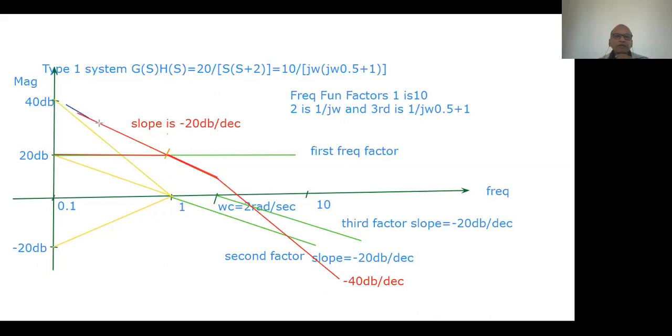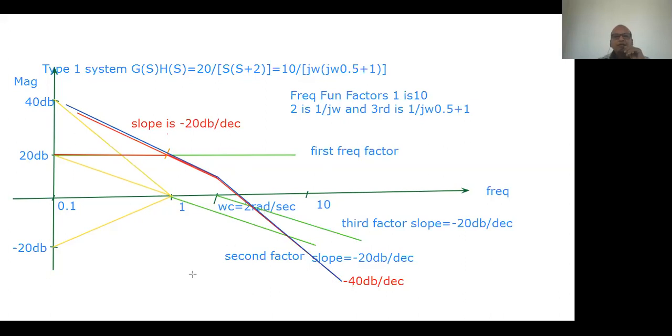Initial slope is minus 20 dB per decade. Then here is a minus 20 dB per decade. And then from this, again here is a minus 40 dB per decade. This blue line shows the resultant asymptotic magnitude. Okay, you understand? In this way, you may draw the magnitude.